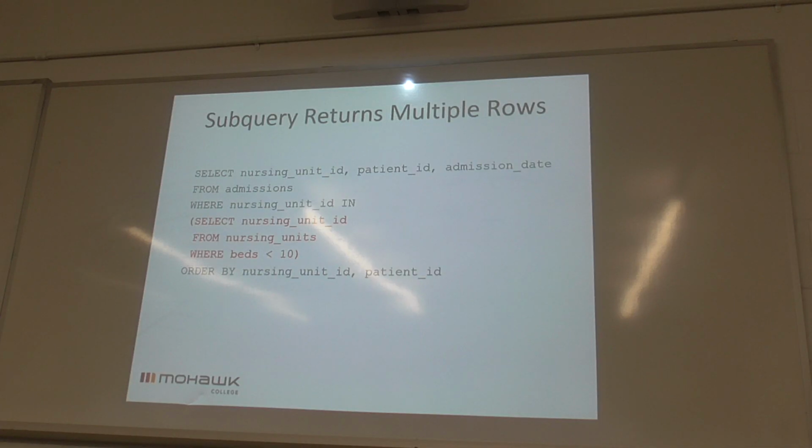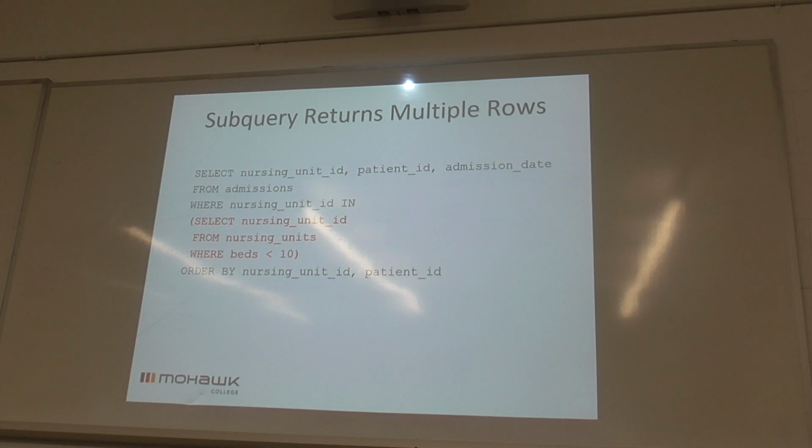So, let's consider the following. Our inner query is select nursing unit ID from nursing units where beds is less than 10. So the nursing units table is basically a table giving departments within the hospital, right? ICU would be one of them.